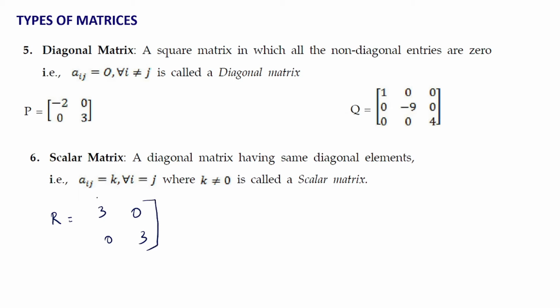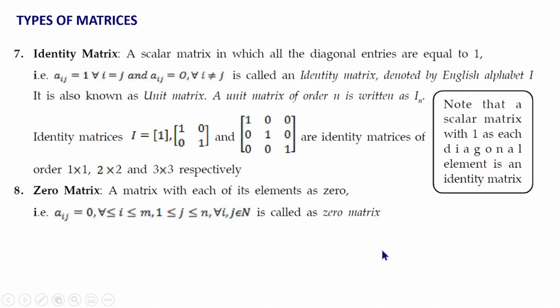This is a scalar matrix because it has the same diagonal elements. Or say for example S is equal to 6 0 0 0 6 0 0 0 6. This is also a scalar matrix because the diagonal elements are the same.